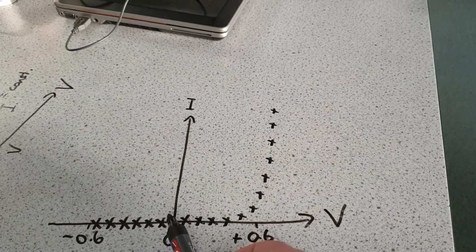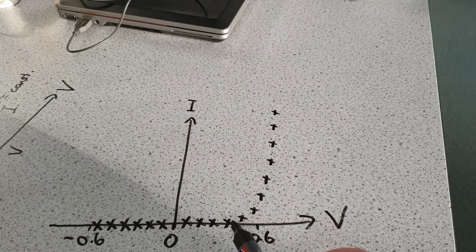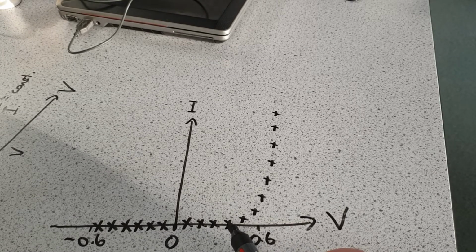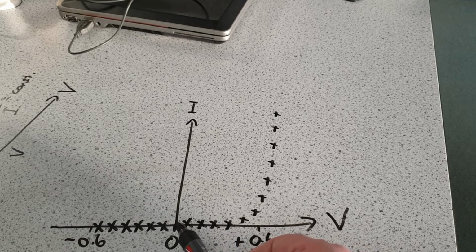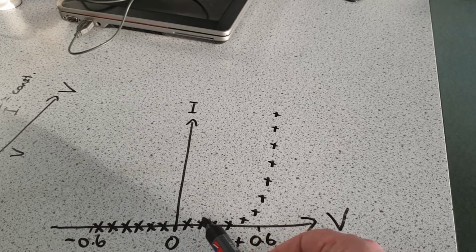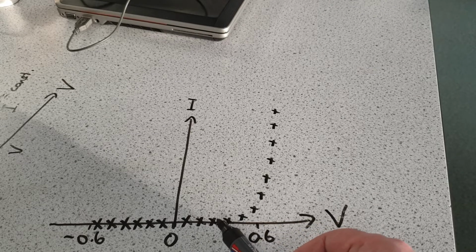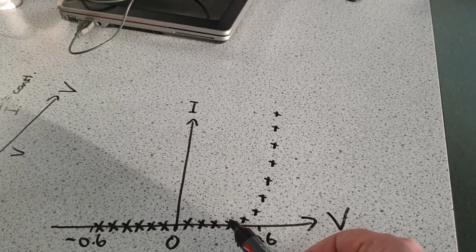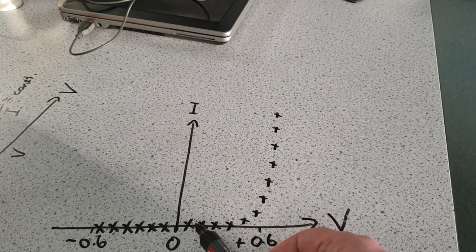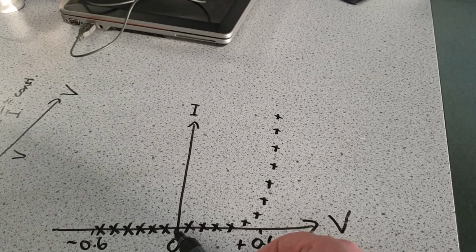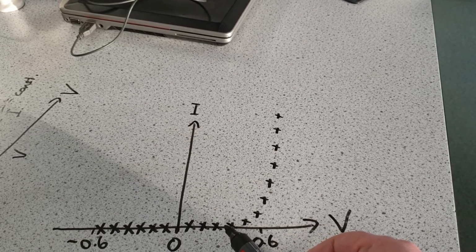Now initially, it's very similar in that you don't get hardly any current through. So if the voltage is very low, even if it's forward biased, even if it's connected the right way around, the resistance is still very high. You get hardly any current coming out. So these points here you can see are pretty much clustered on the x-axis. Very little current.